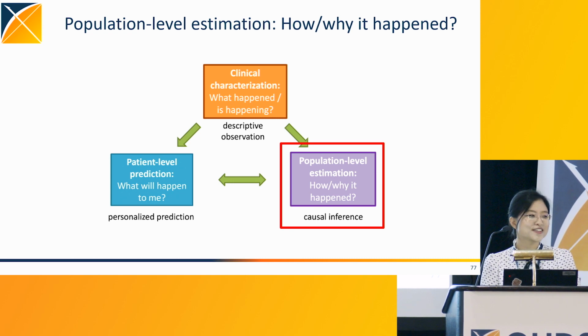Can I do another round of show of hands to see if someone has heard about or learned about causal inference? It's a slightly smaller crowd, but yeah, so about a third or a fourth of us. So don't worry if you have no idea what causal inference is. I'm gonna do a very simple, not quite right, but mostly okay, cartoonish explanation of what we are trying to do in terms of causal inference.